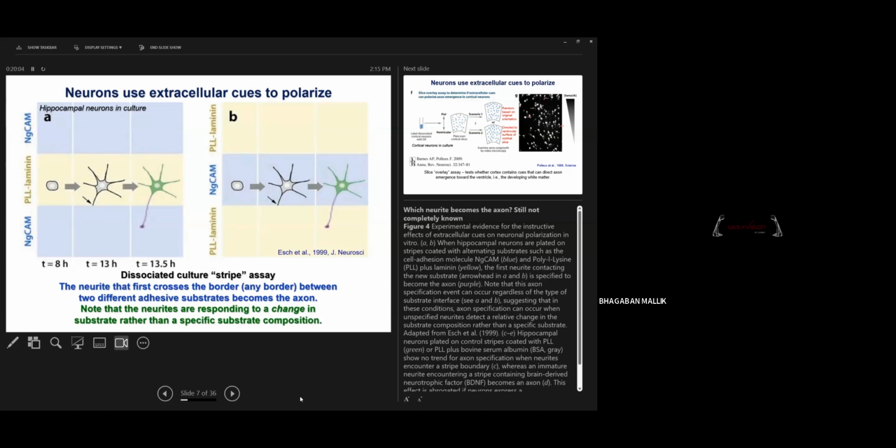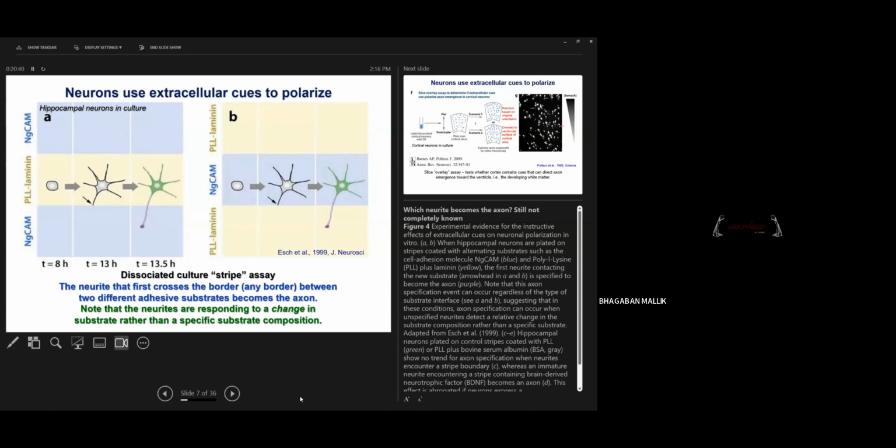Here, what they have seen is, they coated the cover slip with two different substrates. One is the laminin, another is the NG-CAM. You can take a cover slip or slide and coat half with laminin, half with the NG-CAM, and put these differentiated cells, which are fated to become neurons. You can see the generation of neurites after 13 hours of plating the cells.